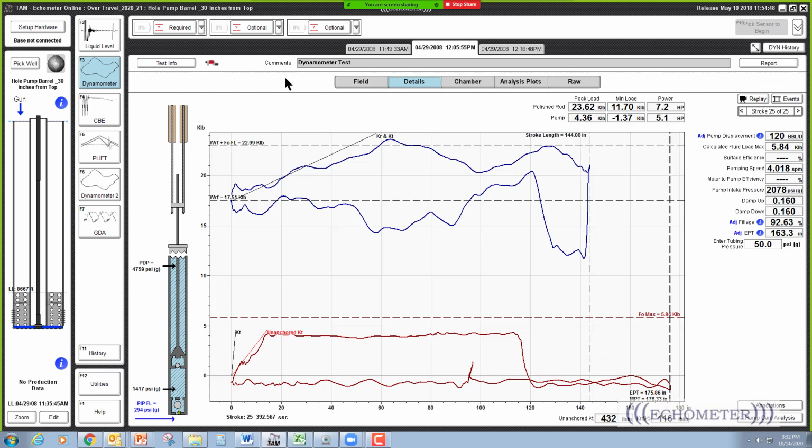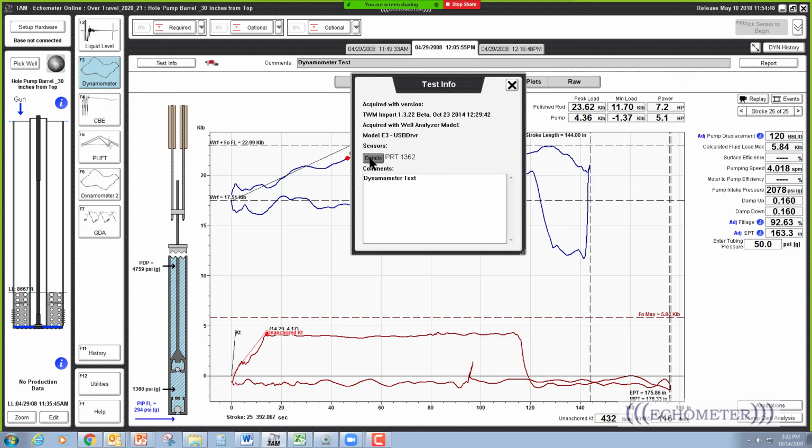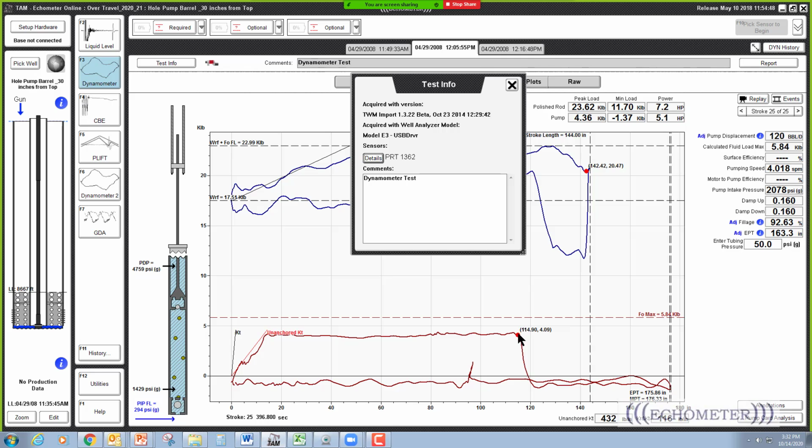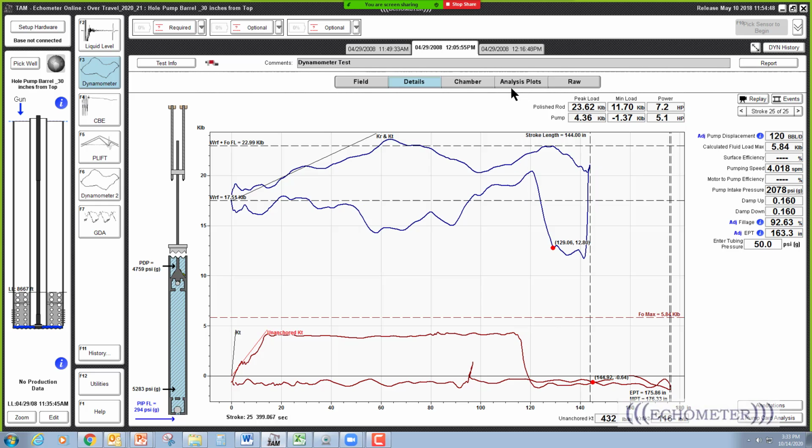And so in this case, when we look at this data, we're sampling at about 30 samples a second. And if you sample like 480 samples a second, I think this line would be almost vertical, because it's a really sudden, quick release of the fluid load across the pump. Now, since the rods are stretched, this over travel, when you release this fluid load, the plunger takes off, and sometimes you'll see a little load right here when the plunger is hitting the top of the barrel, like stacking out on the top, and that will tend to get the anchor unset.